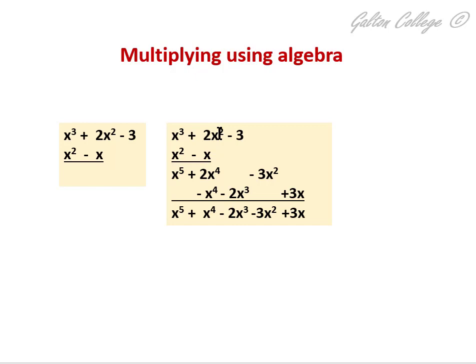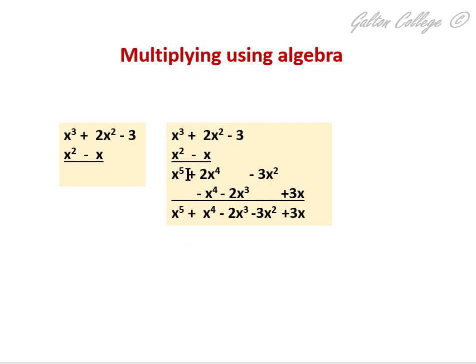Well, x times x squared is x cubed. Plus times minus is minus 2x cubed. There it is, minus 2x cubed. There. And lastly, minus x times minus 3. Well, minus times minus is a plus. So it's 3x. It's there.